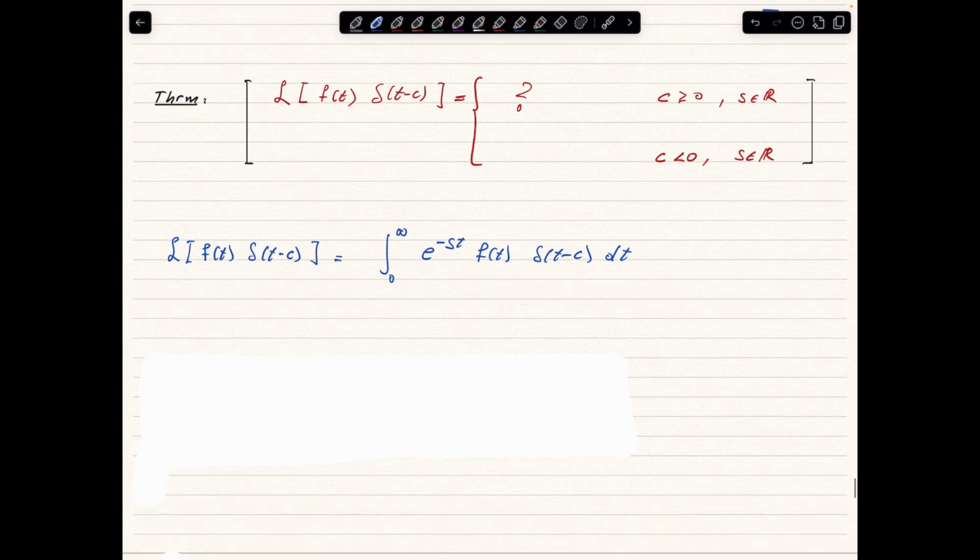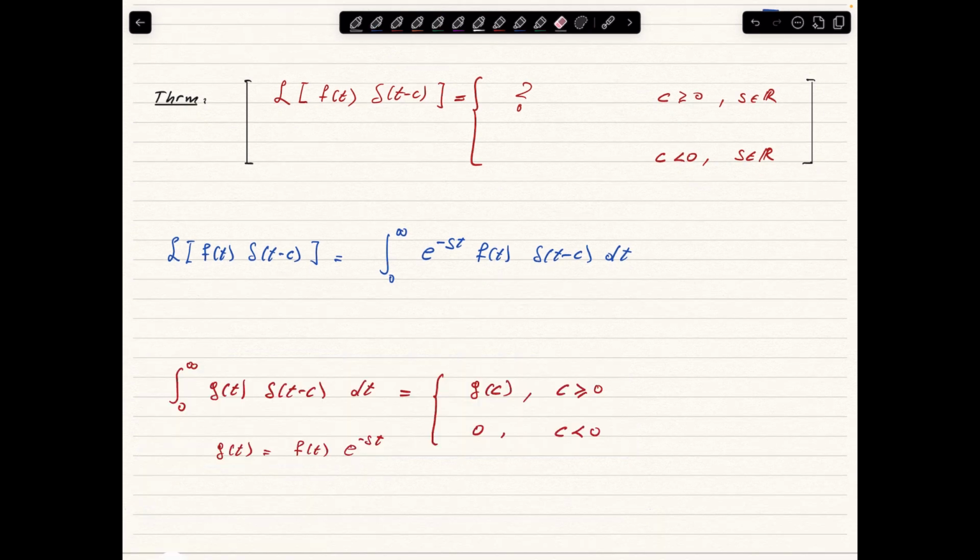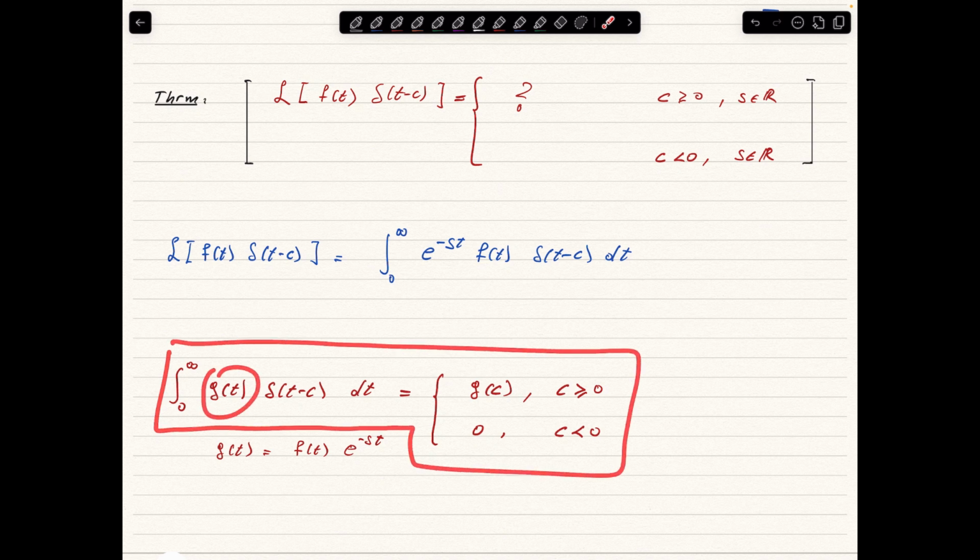But again, this is a particular case of the previous theorem, because recall, this is the previous theorem with any function g. So what about if g now is this product?